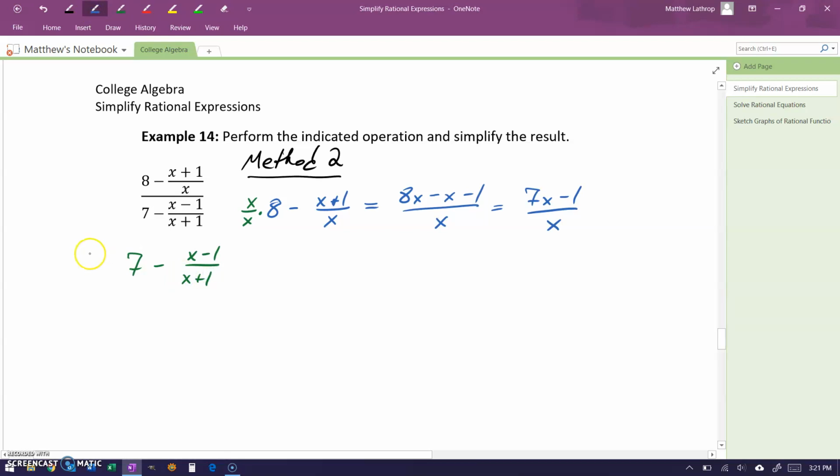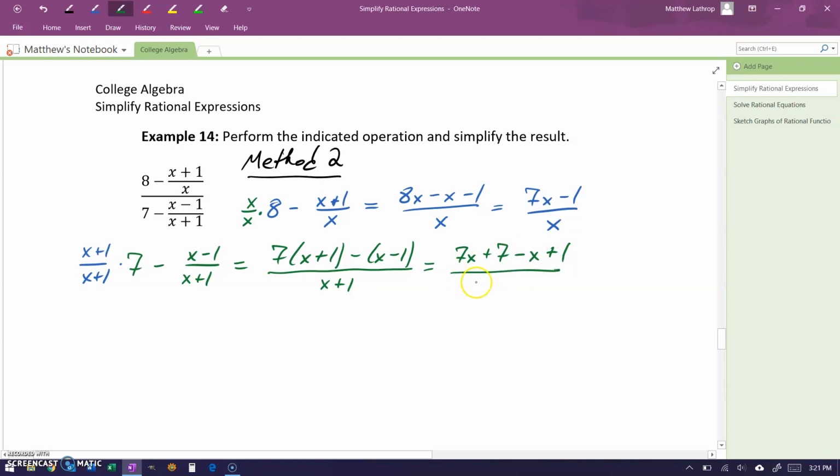To get that common denominator, we'll multiply 7 by x plus 1 over x plus 1, to get 7 times x plus 1 minus x minus 1 all over x plus 1, which will give us 7x plus 7 minus x plus 1 all over x plus 1, or 6x plus 8 all over x plus 1.